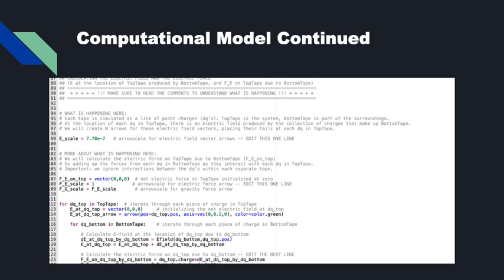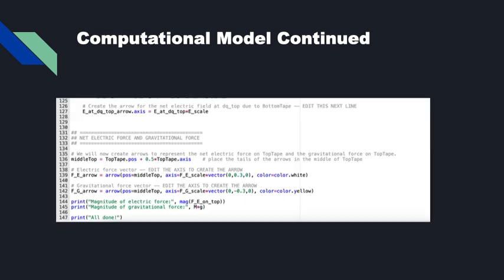Got the scale factor, the electric force vector scaled, as well as some of the other calculations. And here's the last part of my code, which has all the print statements, and then creating the arrows on the top and bottom pieces of tape.